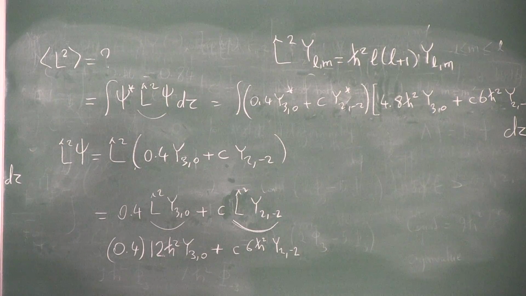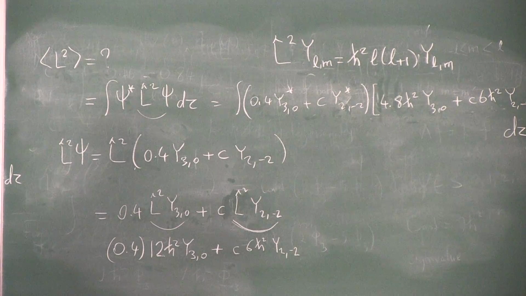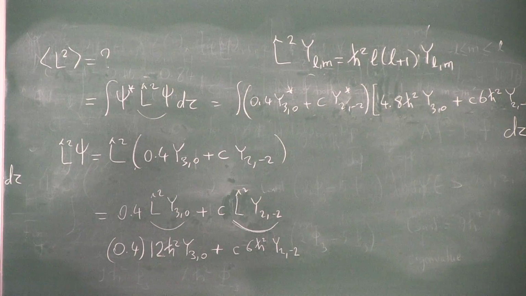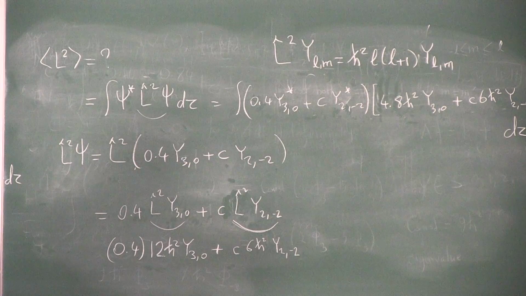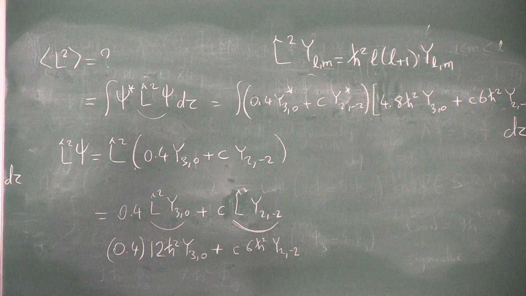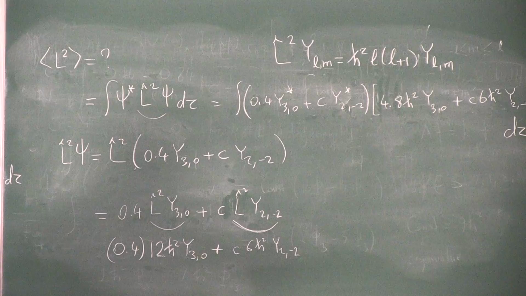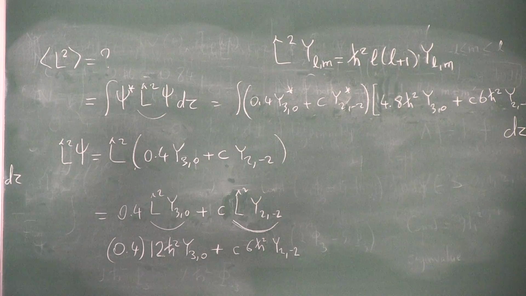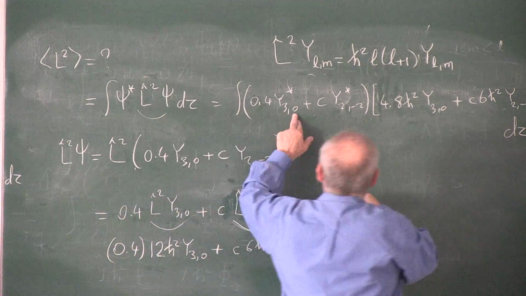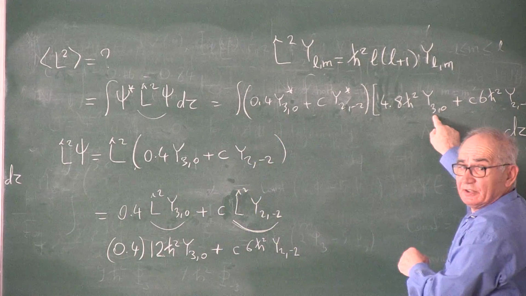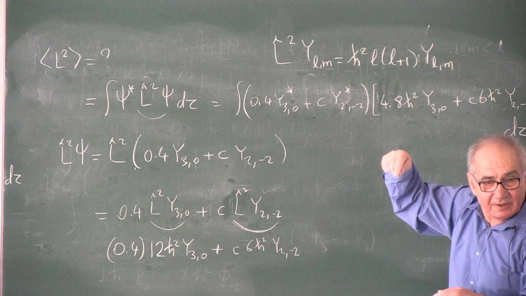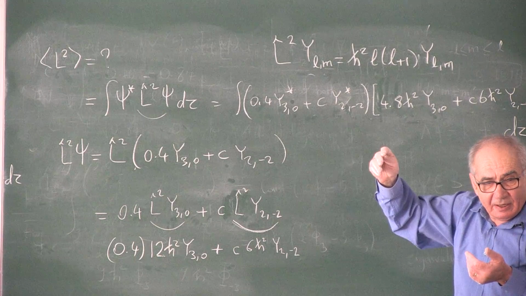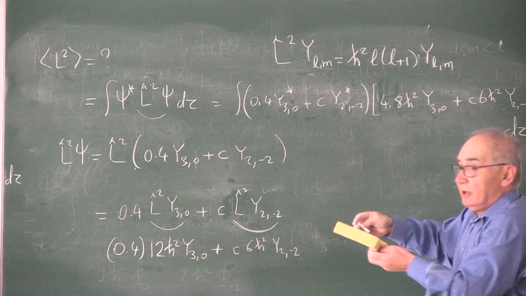Now, 2 of these integrals will contain different functions. When you integrate, the result will be 0 because we know that all these functions satisfy the orthogonality property. The other 2 integrals will contain the same function. For example, it will contain y30 conjugate times this function. And the value of that integral is 1, because we know spherical harmonics are normalized.